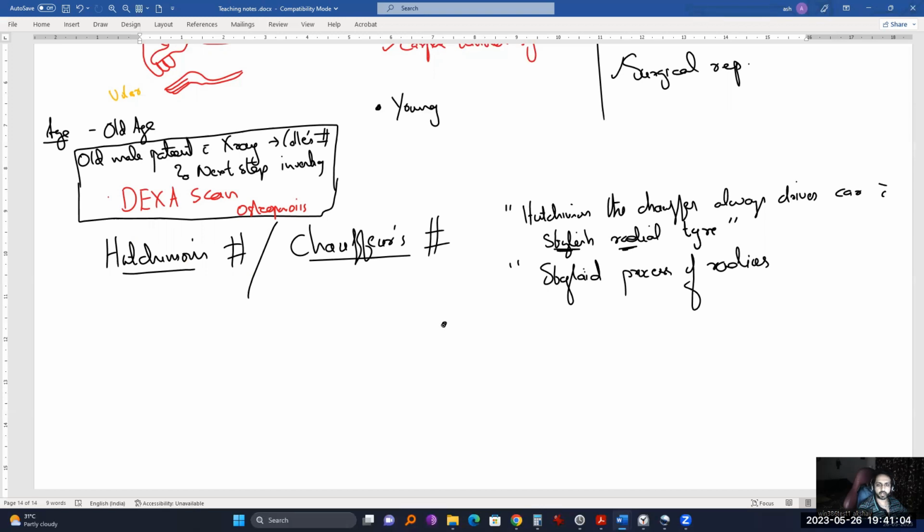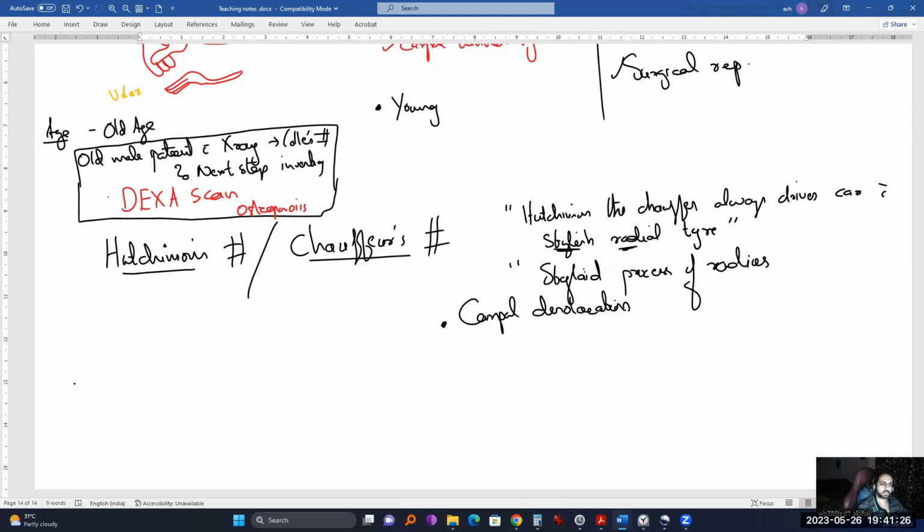Another point is this is commonly associated with carpal dislocation, especially the perilunate type, perilunate and scapholunate. So that is the Hutchinson or Schoffer fracture.